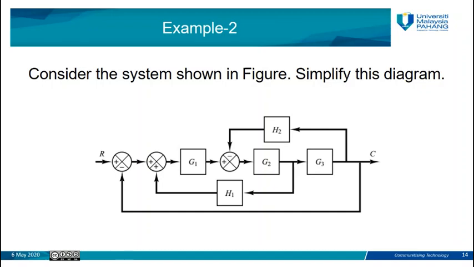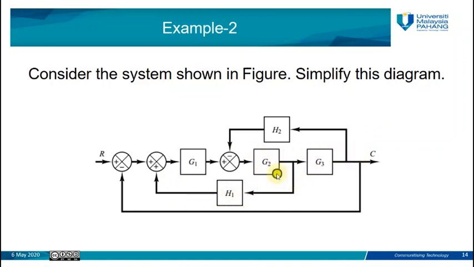Before we do some moving of a summing junction or pickup point, we need to check whether any cascade form, parallel form, or feedback form can be directly applied to the system without moving.